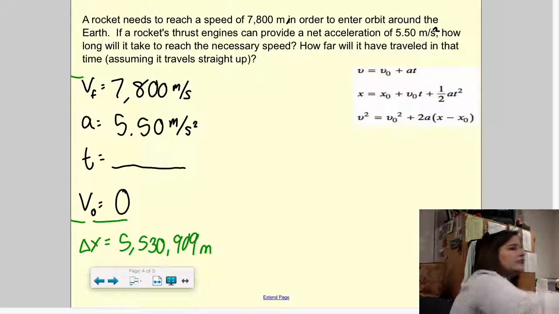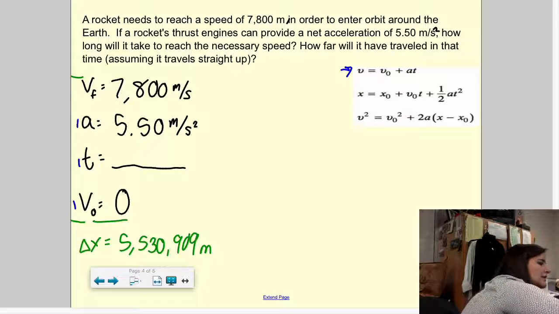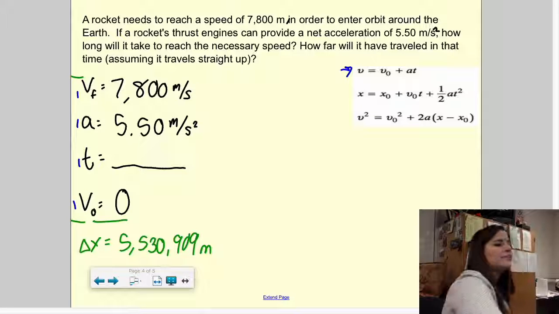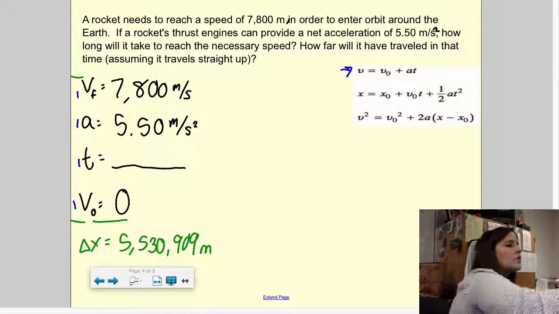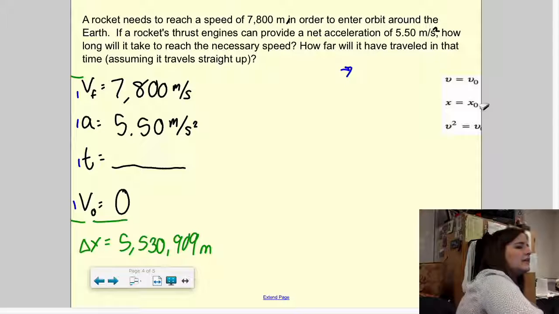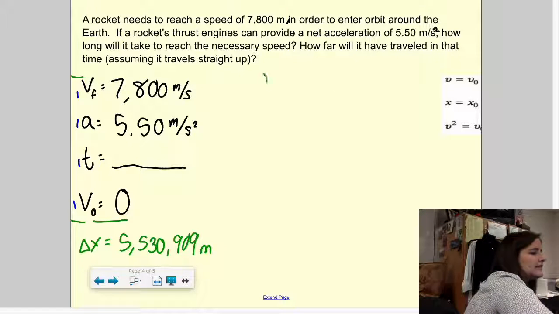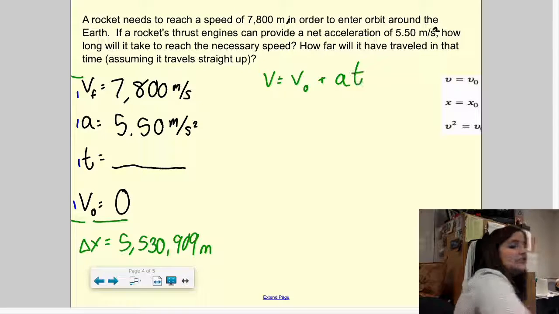If we were solving for time, we could just use this first equation. It has v naught, time, acceleration, and v final. Again, that equation is v equals v initial plus acceleration times time. V initial is 0, so we can ignore it.